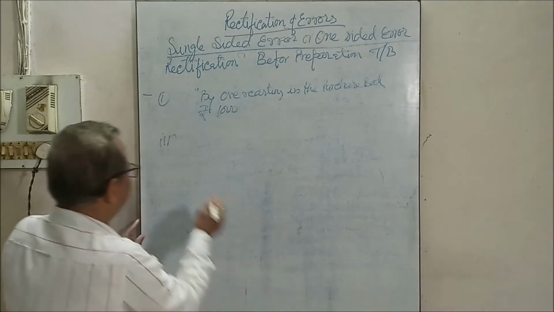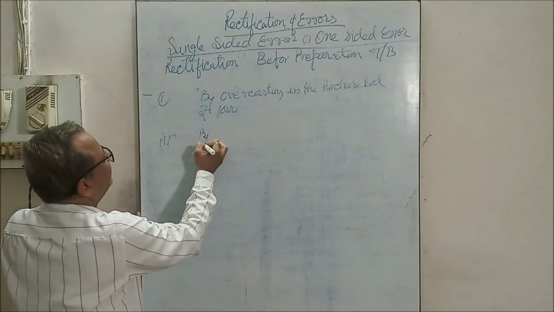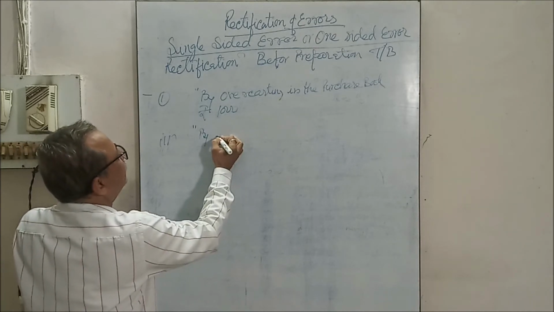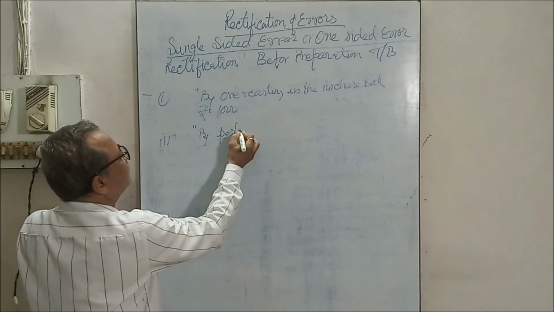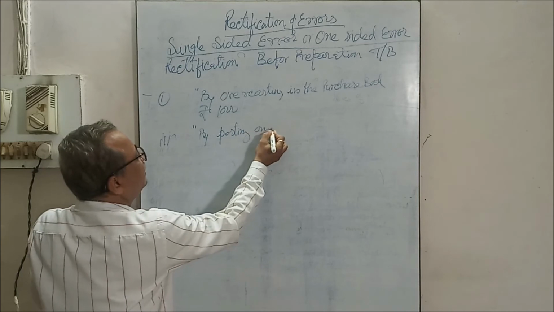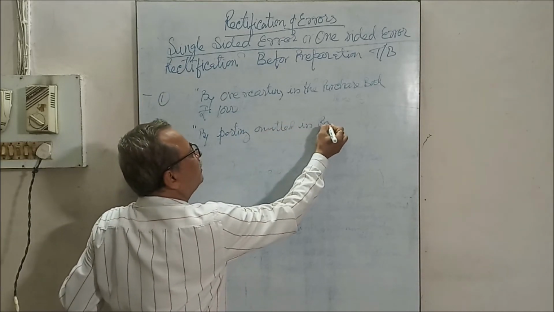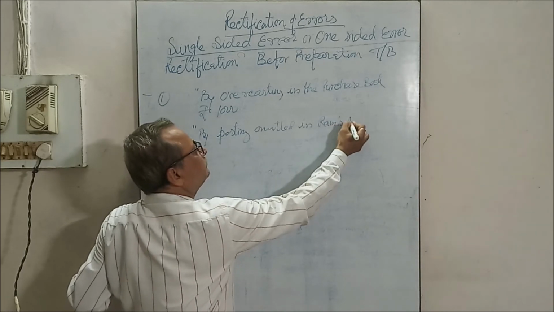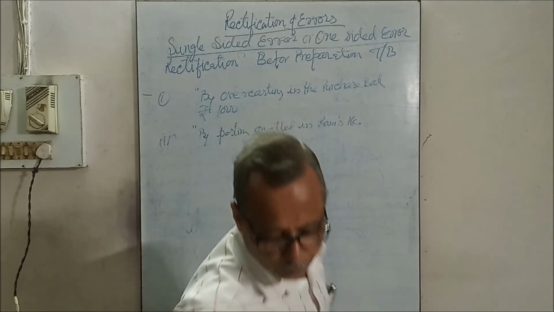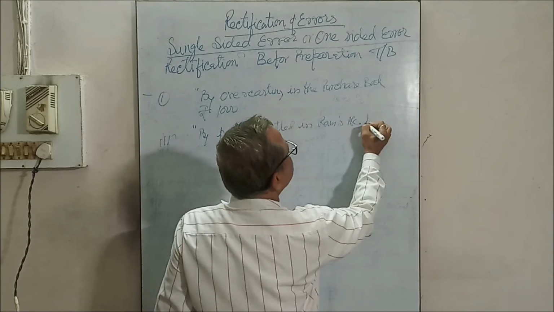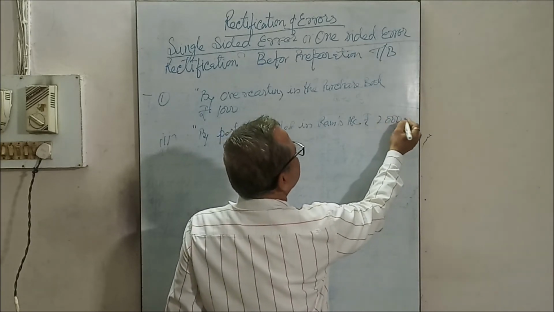So we'll correct the credit item by posting omitted in Ram's account, rupees 20,000. This is the correction.